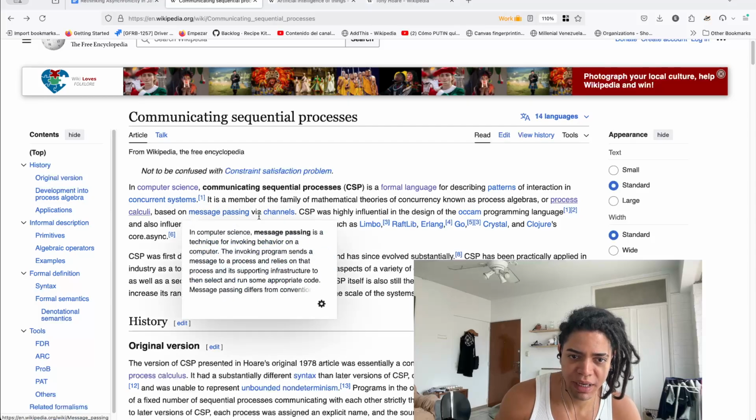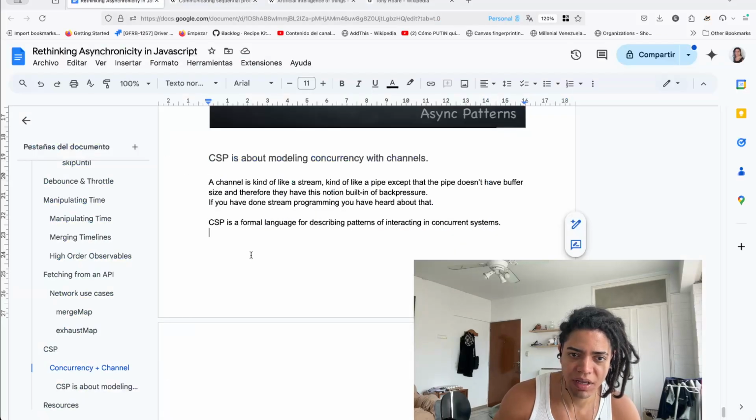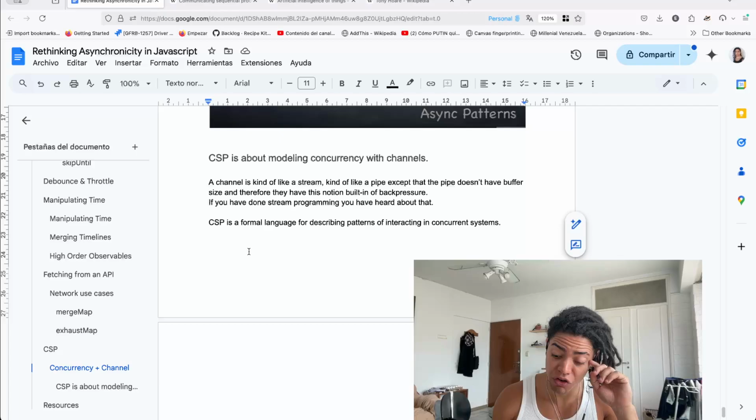It is based on message passing via channels. But again, CSP is about modeling concurrency with channels.